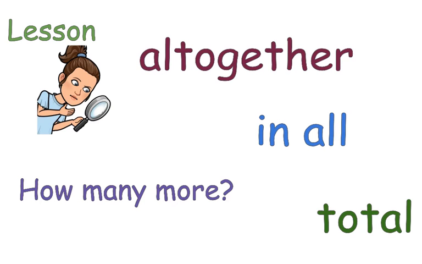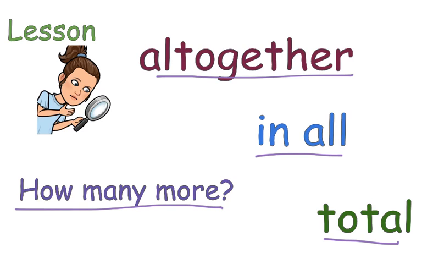Here are some of the key words or phrases we will be looking for: all together, in all, total, and then our question, how many more? We're going to be looking for these things in our math story.